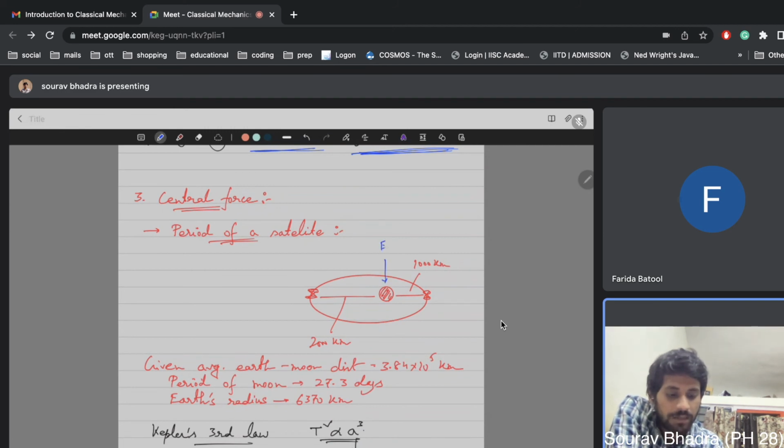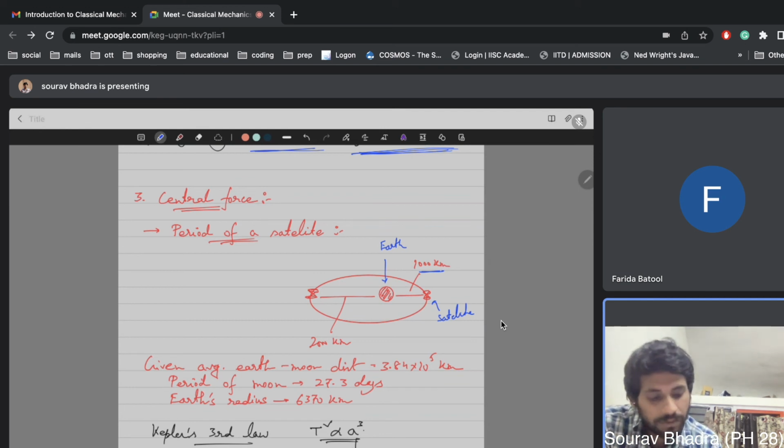This is your earth, and there is a satellite moving around the earth, but not in a circular orbit, because it has a closest distance of 1000 kilometer from the surface of the earth. Note this point, from the surface of the earth, not from the center of the earth. And the farthest distance is 2000 kilometer from the surface of the earth again.